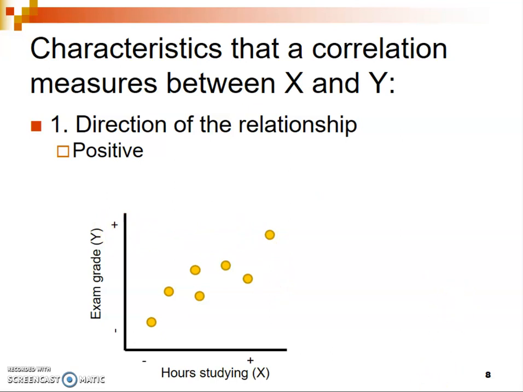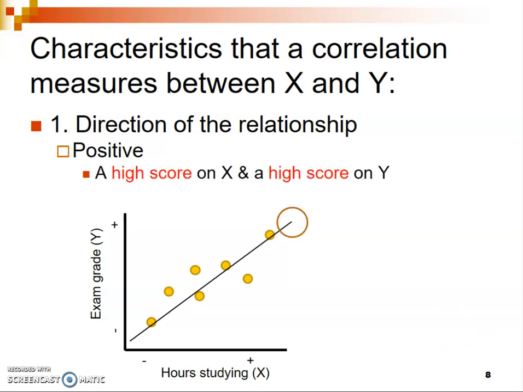If we were to get a line to represent these data, like the average trend of these data, in general the trend of these data forms this line that slants up. This is what a positive correlation looks like, where the line or the direction of the data slants in this upward direction.